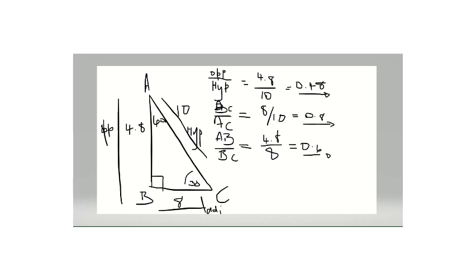What about BC? Name BC for me. BC over AC is, yes, adjacent over hypotenuse. That is true.